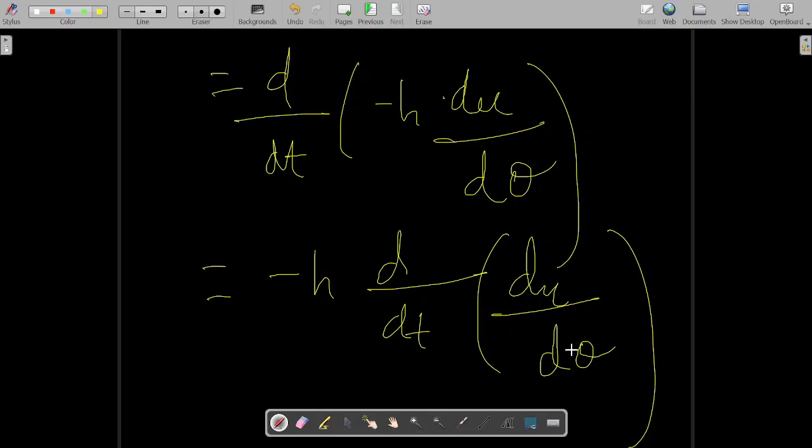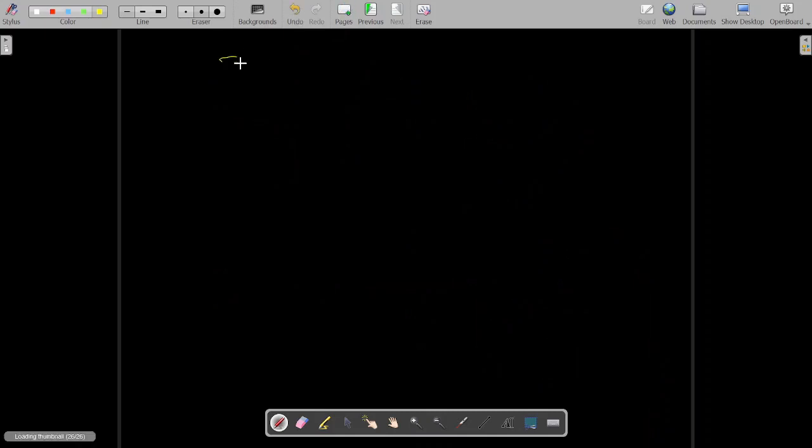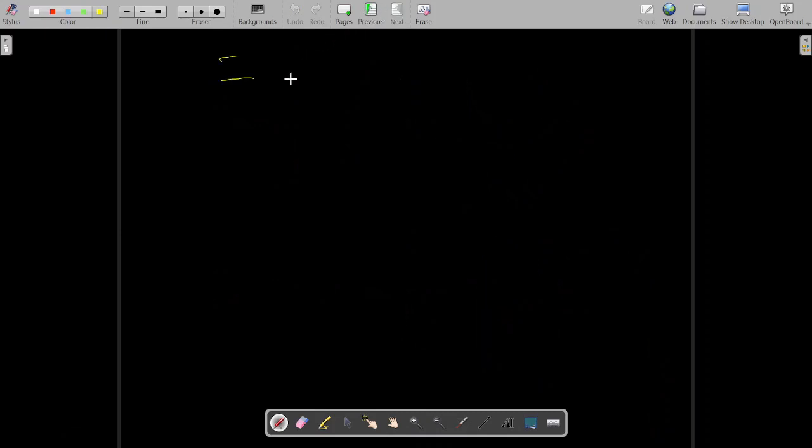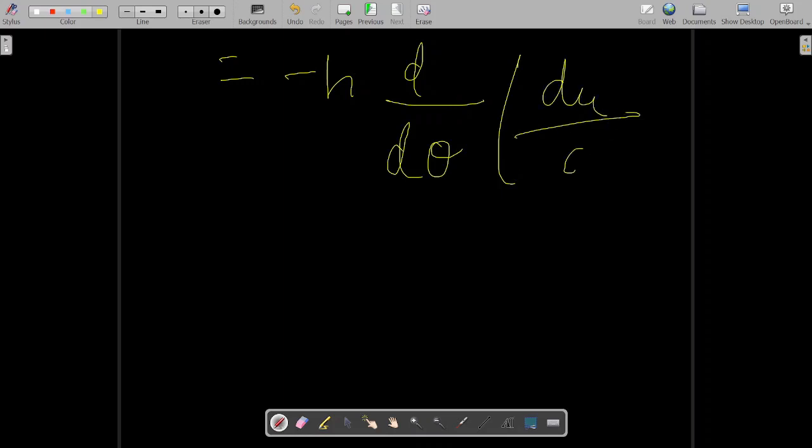Then again, as we want everything in terms of theta only, we will do mathematical manipulation over here. What is our previous step? It is like this, right? So we will again write it like this: d by d theta, d theta by dt. Again we will apply the chain rule of differentiation.